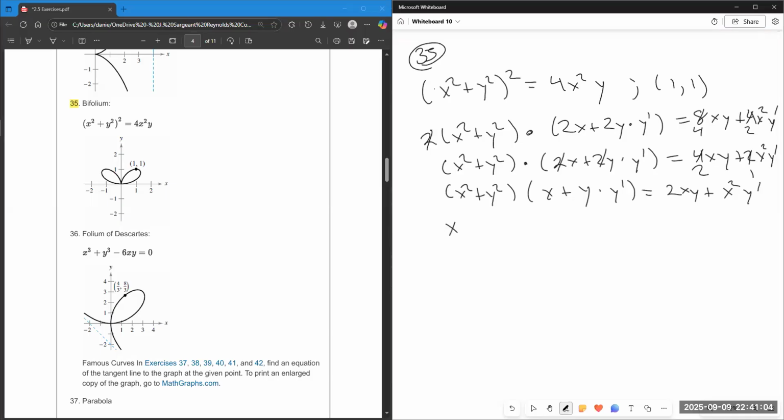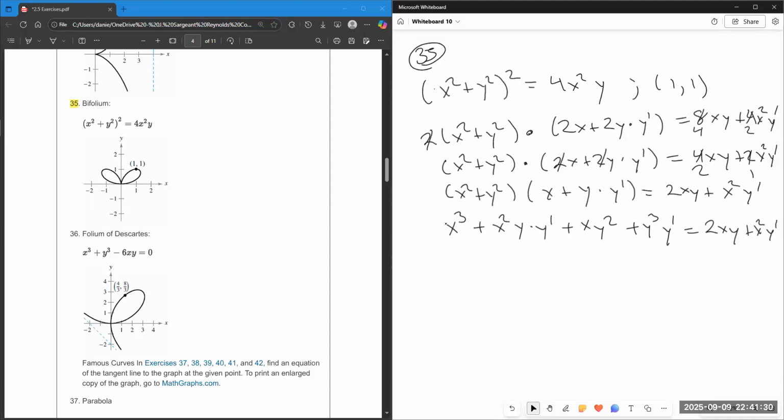So we have x cubed plus x squared y times y prime plus xy squared plus y cubed y prime equals 2xy plus x squared y prime.